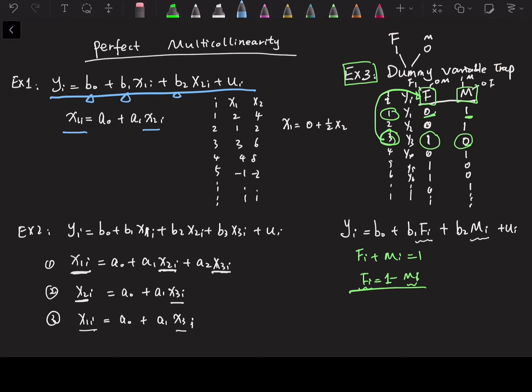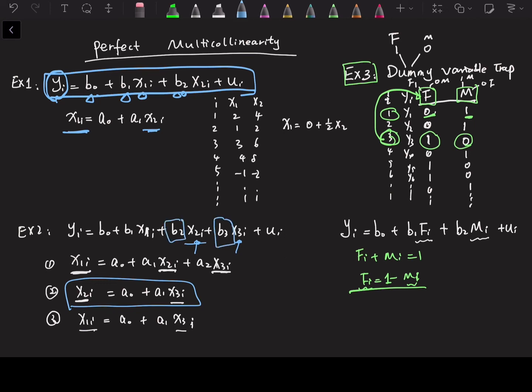Even if you have data and you regress y against x1 and x2, you will not get all the coefficients estimated. Same thing here: x2 and x3 are perfectly collinear, and if you include both in a regression, you cannot get b2 or b3 estimated. Same thing here: you cannot get both b1 and b2 estimated.